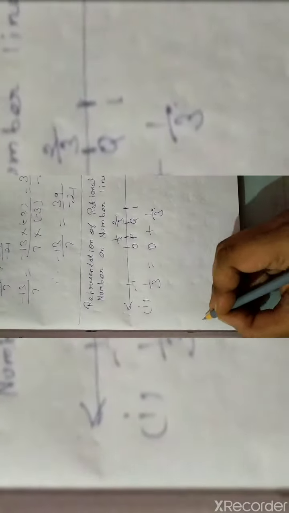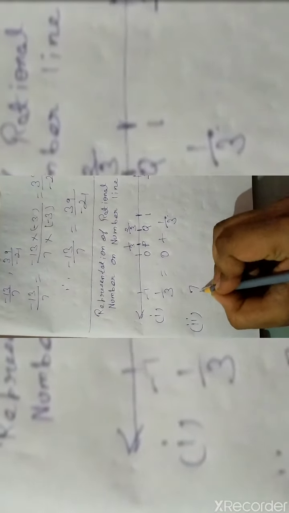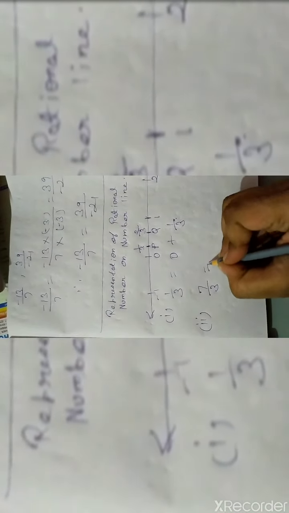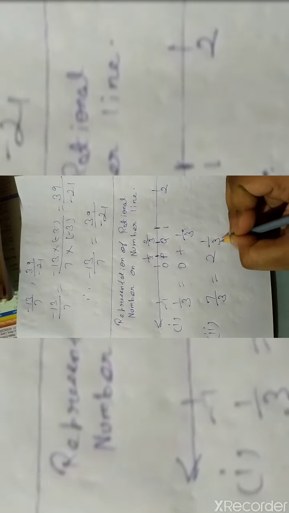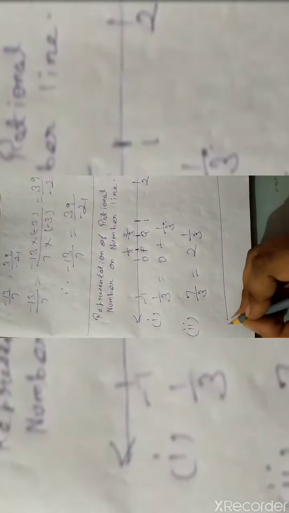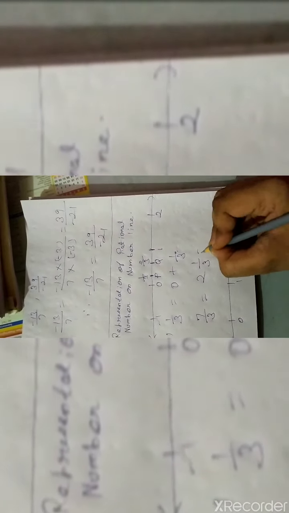Now if the second number given is 7 by 3, 7 by 3 in mixed fraction is 2 whole 1 by 3. You can represent it like this. You draw the number line first, a large number line, and put 0, 1, 2, 3. The number is 2 whole 1 by 3, which means 2 plus 1 by 3.